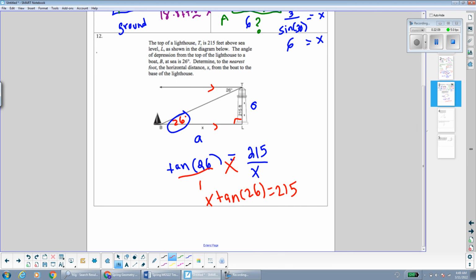To get the x by itself, we can divide both sides by tangent of 26. So I have x is equal to 215 over tangent of 26. If you type this into your calculator, it does say to round to the nearest foot. So x is approximately 441 feet.